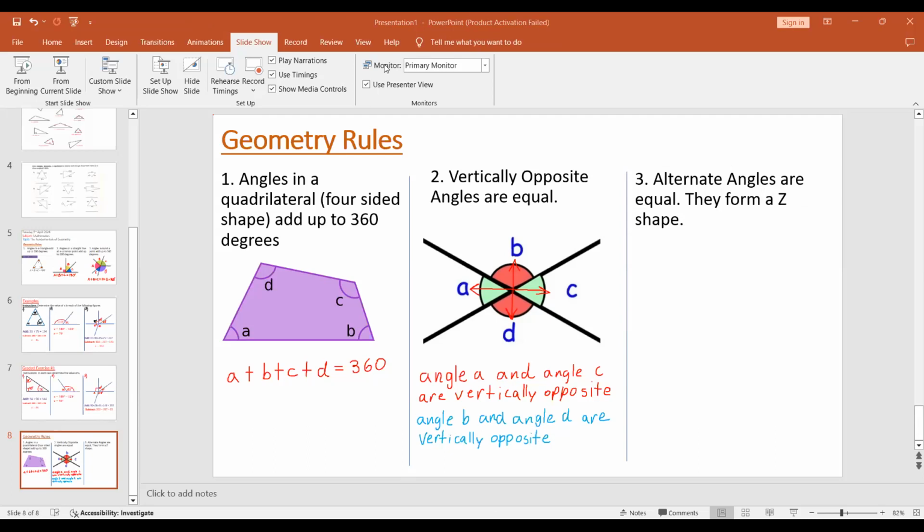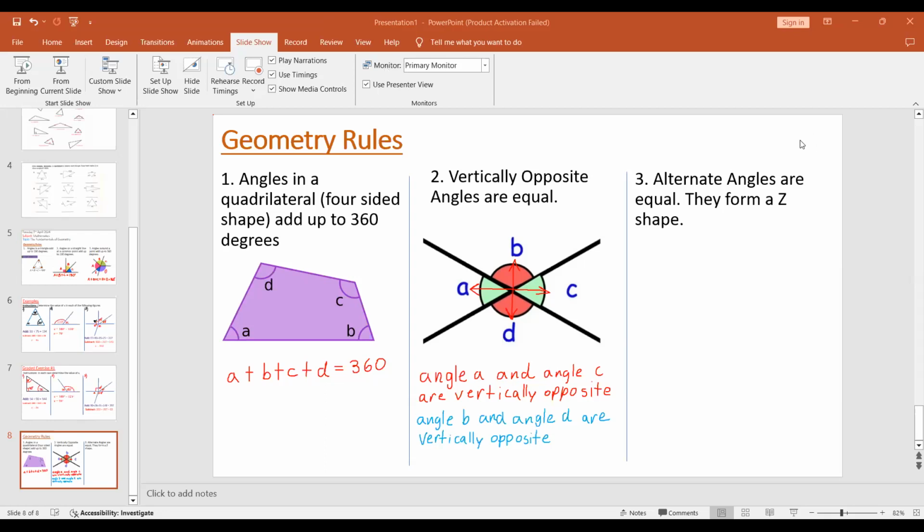Okay. So what shape do alternate angles form? A Z shape. That's correct. They form a Z shape. And what else do we know about alternate angles? They form a Z shape, and they are what?